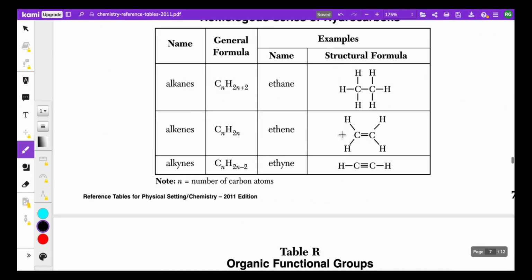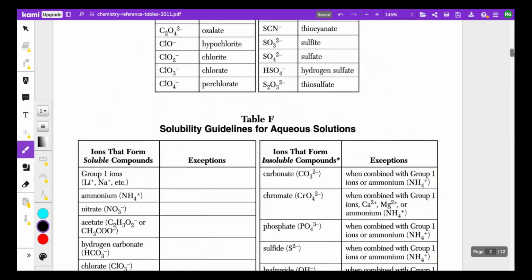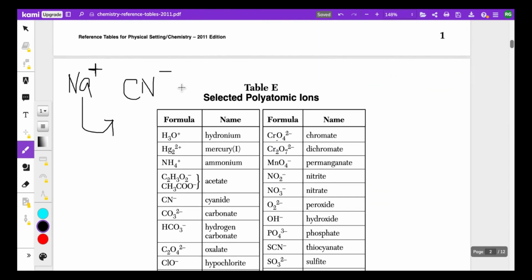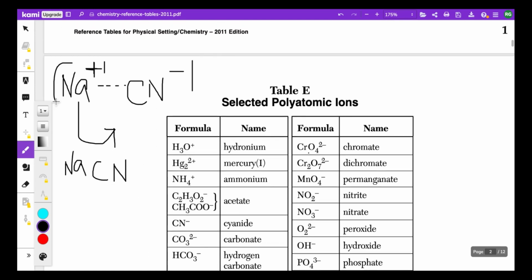What happens is that Na likes to form a +1 charge. CN likes to form a -1 charge, and they create an ionic bond. So NaCN is our formula. The ionic bond comes between the Na ion and the CN minus polyatomic ion.